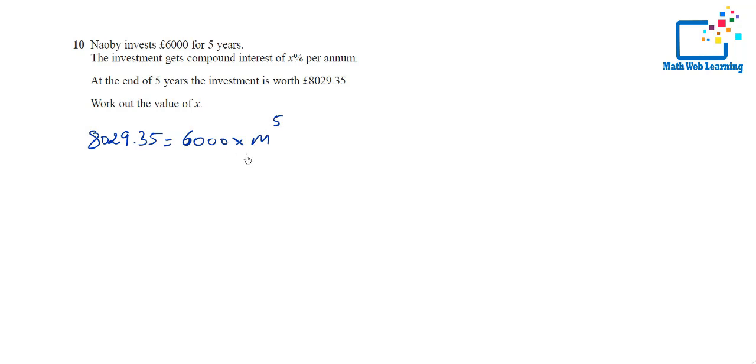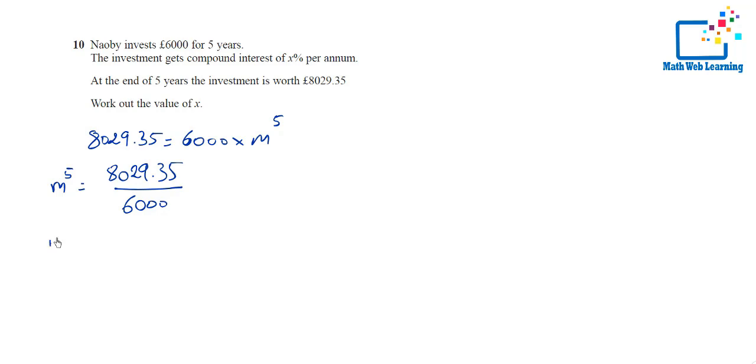So let's calculate the multiplier first. The multiplier to the power of 5 is 8,029.35 divided by 6,000, and then to work out the multiplier, you need to do the inverse, which is to raise this to the power of a fifth.